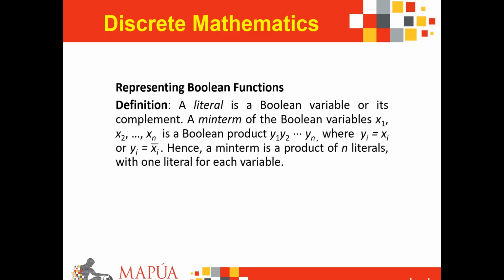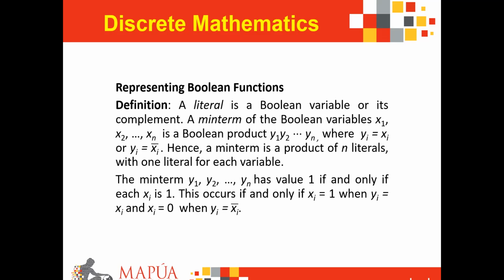Hence, the min term is the product of n literals, depending on how many variables are present on your given expression. The min term eventually is a product which has an output value of 1. If the output value for your given term is 0, then it's often referred to as a max term.